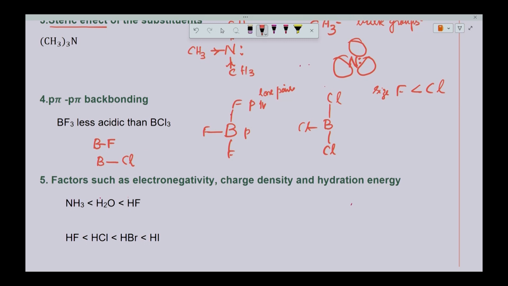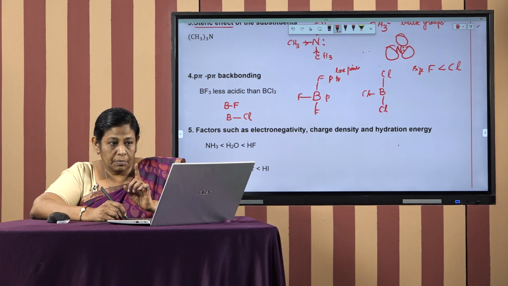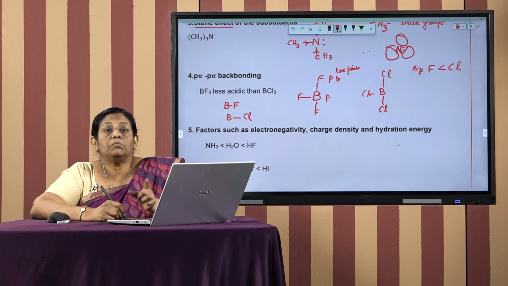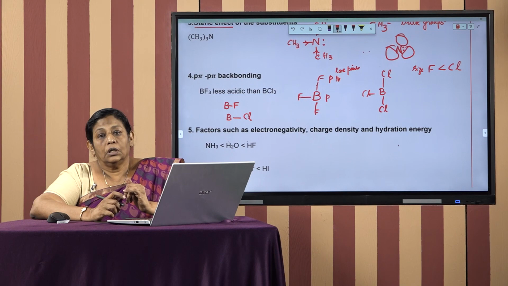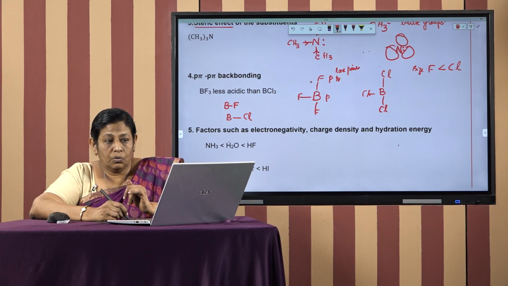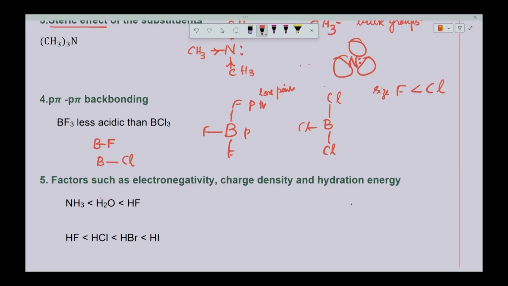That is a filled orbital of fluorine, a lone pair, not the bond pair. The lone pair in the p orbital of fluorine overlaps with the empty p orbital of boron, thereby reducing the electron deficiency of boron. And that is possible only if the boron and fluorine atoms are closer together.